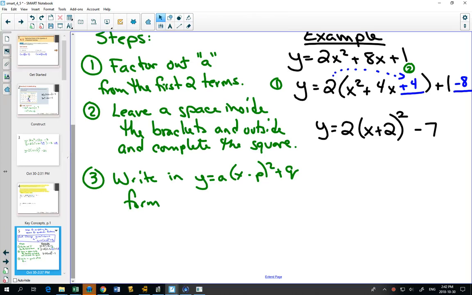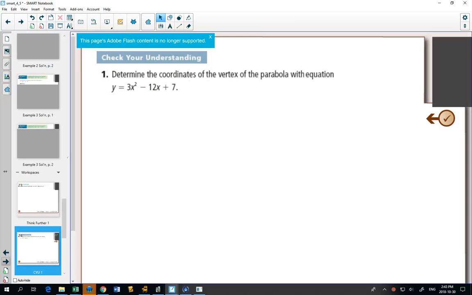So if we turn to example 1, wait for it. Example 1 says determine the coordinates of the vertex of the parabola with the equation, and we're going to graph it as well, just to practice. Okay? Currently this isn't easy to graph because of the form that it's in.